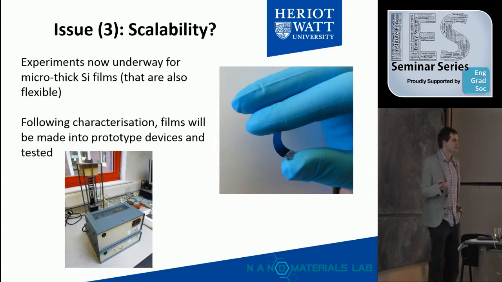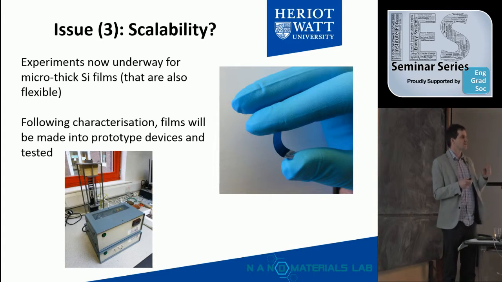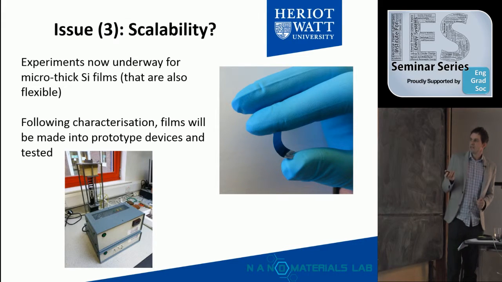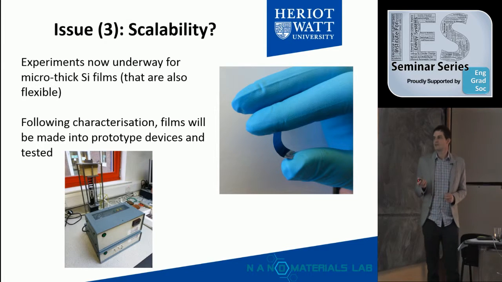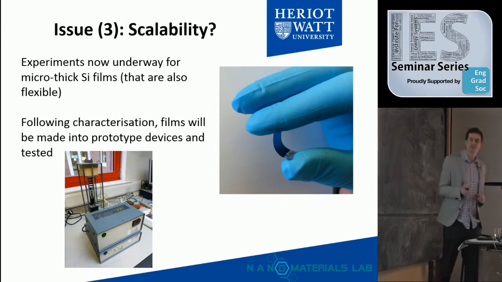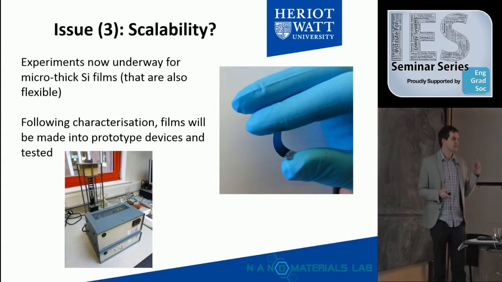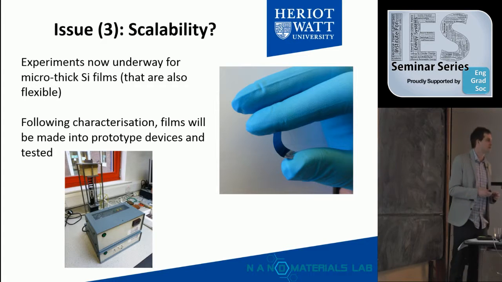One of the ways we're doing this as well is not to look at silicon with this interlayer, but to look at very thin silicon and implant all the way through the whole piece of silicon. We've been making these very thin silicon films using optimized etch conditions. When we go down to tens of microns and sub 10 micron thicknesses, we can actually get flexible silicon, which is quite nice for potential applications in the future.